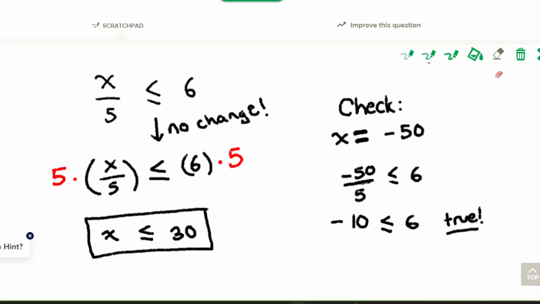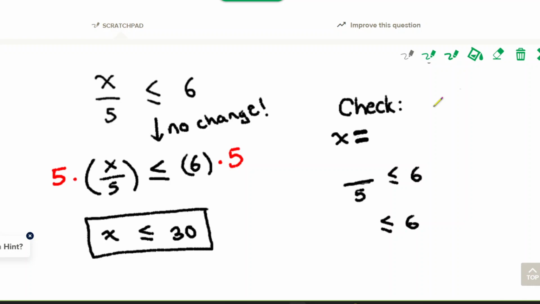Now I just want to do one more of these just to show you when something is not a solution. I'm keeping everything but the value of x. So now, instead of picking a number less than 30 or equal to 30, pick a number that's the opposite of that, that's greater than 30.